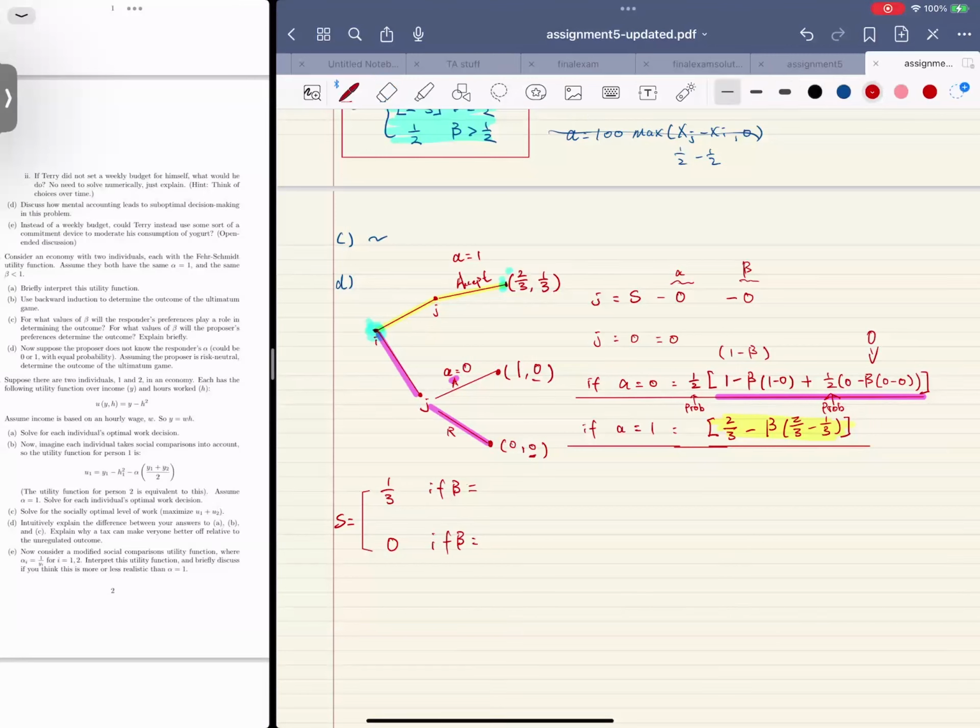This is offering 1/3, and this is offering 0. Okay, am I confusing myself?